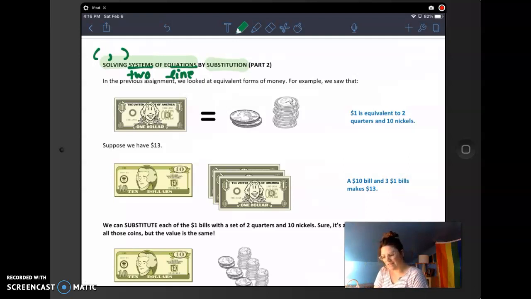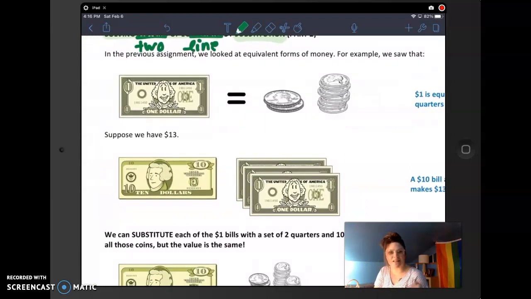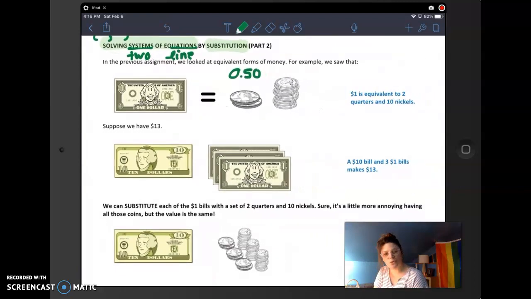So again, if we look at something that we saw last lesson, we can say that $1 is equal to 2 quarters, right? That's 50 cents. And then 10 nickels. So 10 nickels is also 50 cents. So 50 cents and 50 cents, that's the same as a buck.